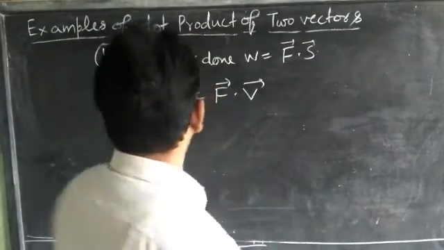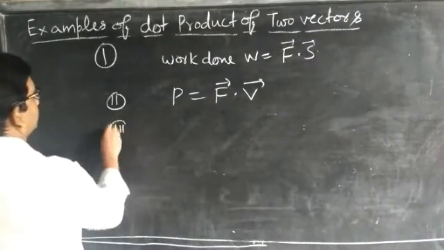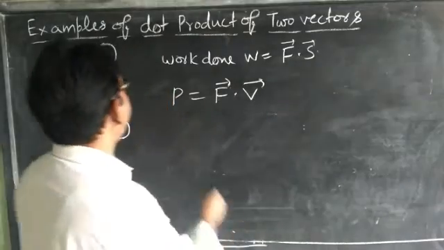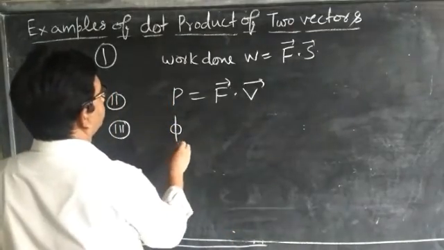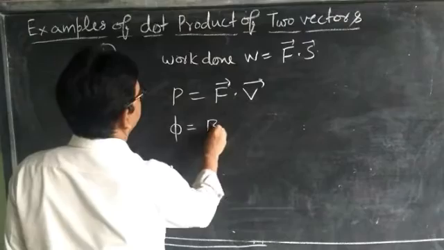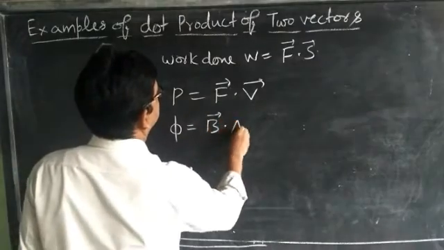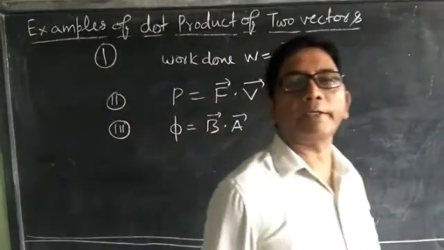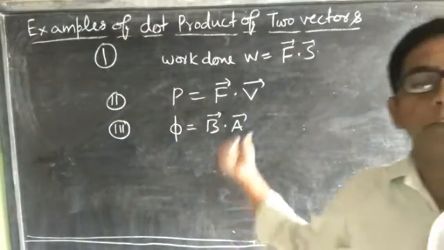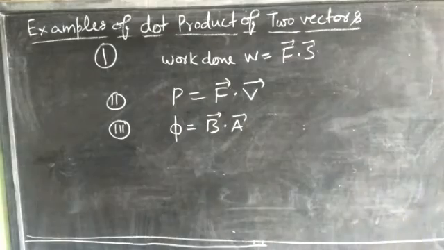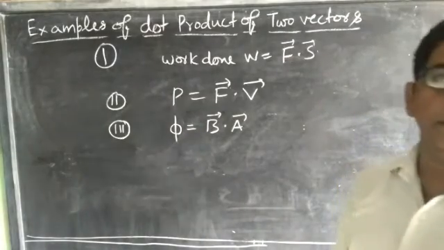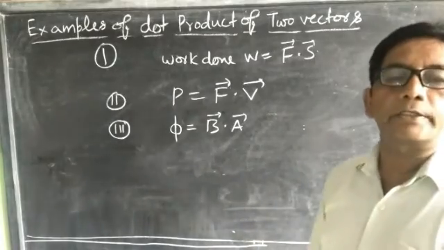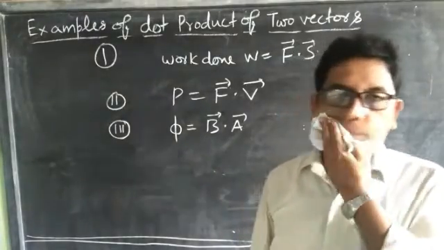Now the third example: magnetic flux phi is equal to B dot A. Phi is magnetic flux, B is the magnetic field induction vector, and A is the area vector.